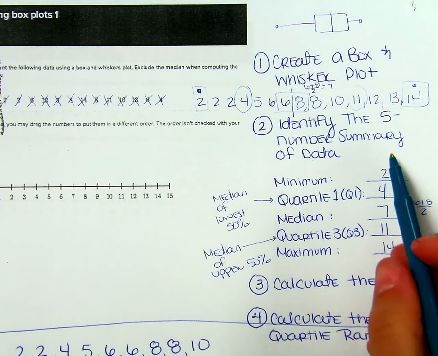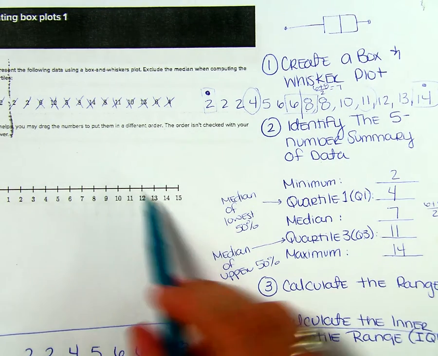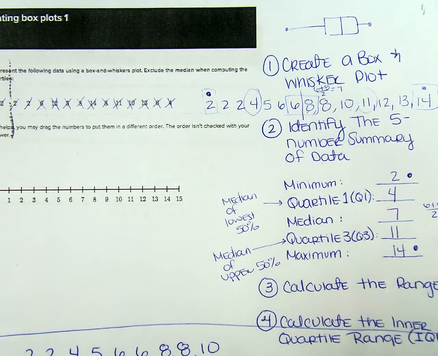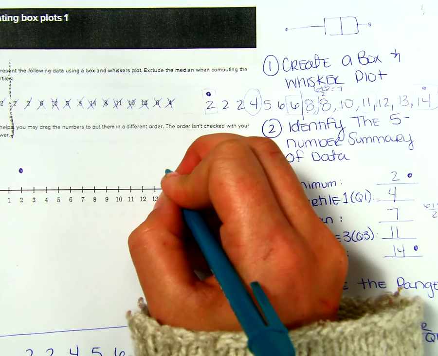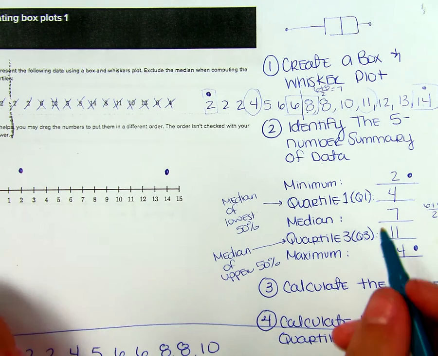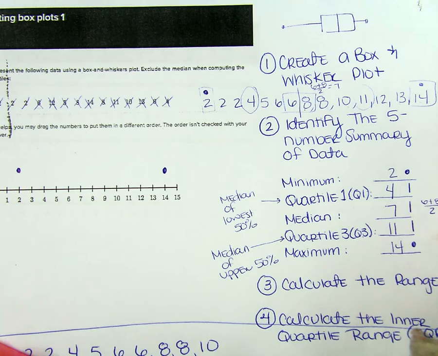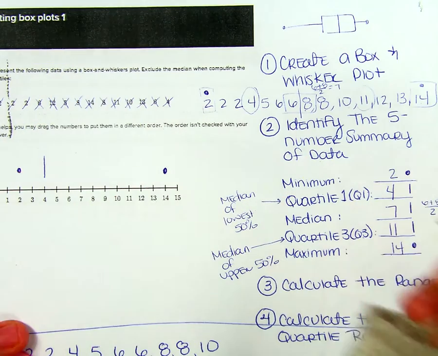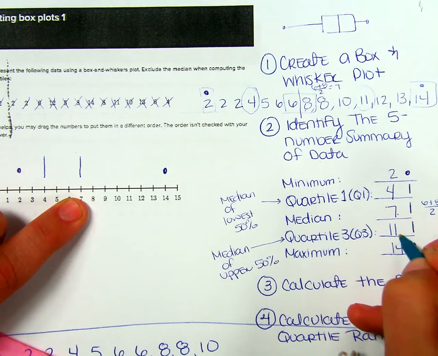So this is the 5-number summary, and we use this 5-number summary to create our dot plot. We'll put a dot at our minimum and a dot at our maximum. So minimum is 2, maximum is 14. Then we will put a vertical line at these 3 numbers. So a vertical line at 4, a vertical line at 7, and a vertical line at 11.